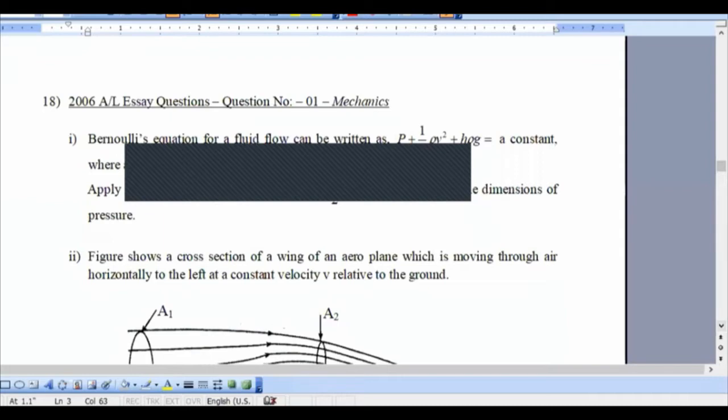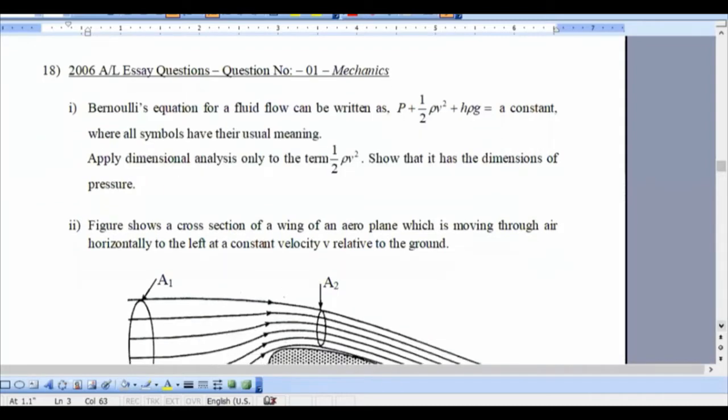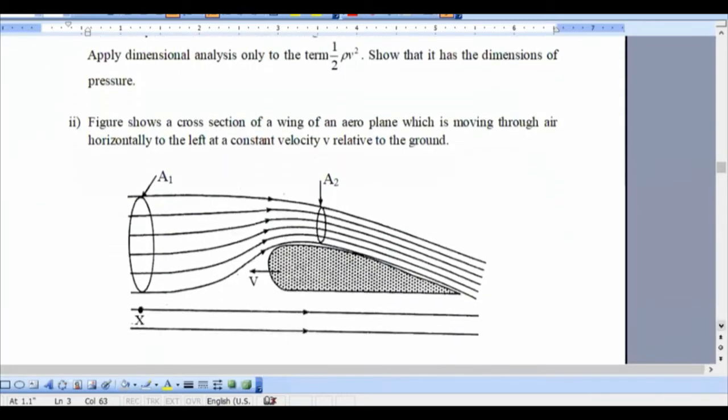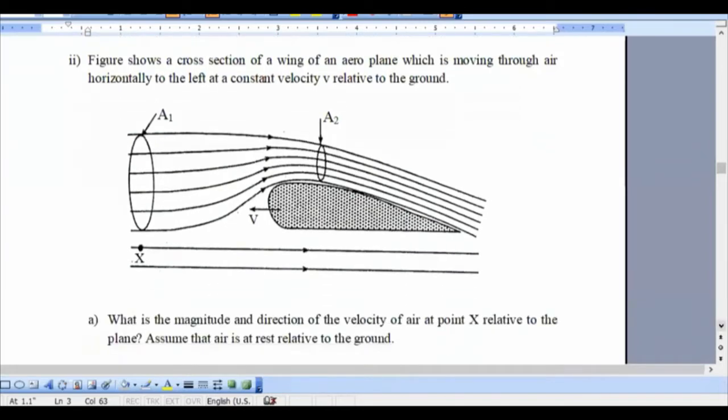Thank you, dear. Question 2 says, figure shows a cross-section of a wing of an aeroplane which is moving through air horizontally to the left at a constant velocity v relative to the ground. So the velocity of the aeroplane is v.